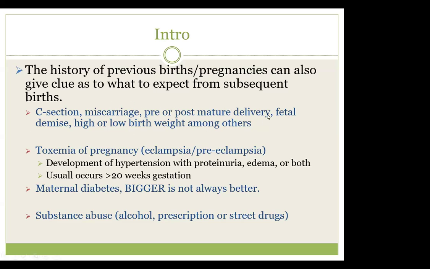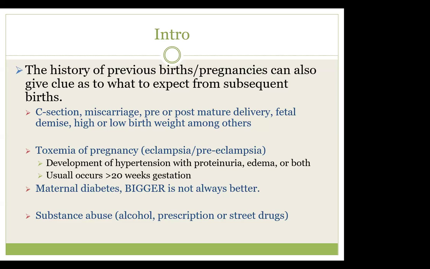Okay, pre or post mature delivery can give you an indication of what to expect from subsequent pregnancies or births. Greater than 37 weeks is considered term. Greater than 42 weeks is considered post-mature or post-dates, and less than 37 weeks is considered premature.